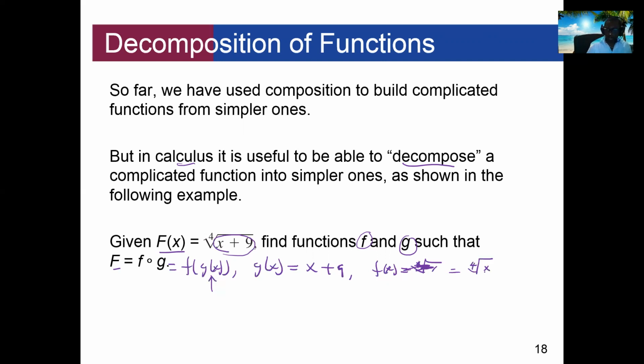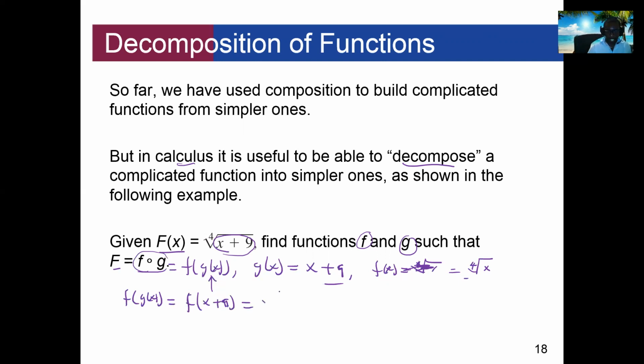All right. Now let us compose and see if we get the same answer, if we use these simpler ones to get the composite function f composed with g. So let's do that. f of g of x. Wherever we see x in f, we plug in the g of x, which is x plus 9.